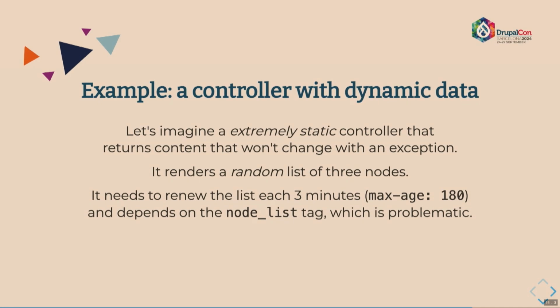So let's take an example. We have a controller that is returning a lot of static data, and then it has just a little piece of dynamic data, okay? For example, a random list of 3 nodes that has to expire every 3 minutes, and you say, okay, let's put a max age of 180, and it depends on the node list tag, which, as we said, can be problematic, okay?